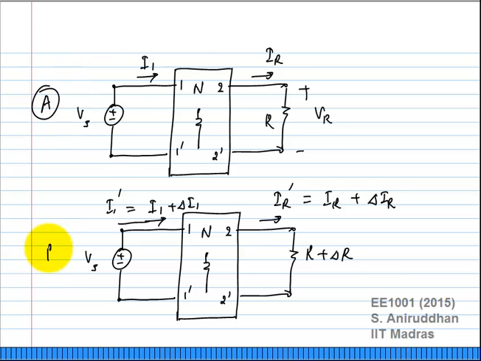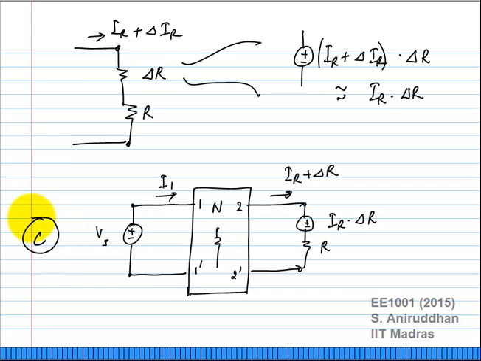This is A, this is B, and this is C. This is my new network, and this is I1 plus delta I1. I1 plus delta I1 is flowing here. Any questions so far? Okay.